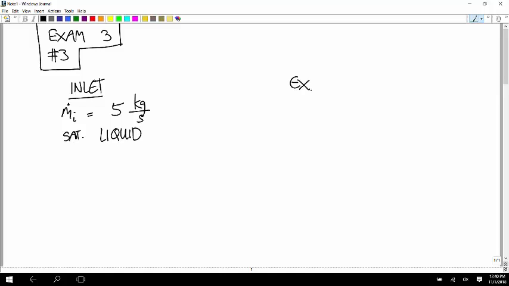Then at the exit, we have a mass flow rate of 3 kilograms per second. The pressure at the exit is 2.5 bar.